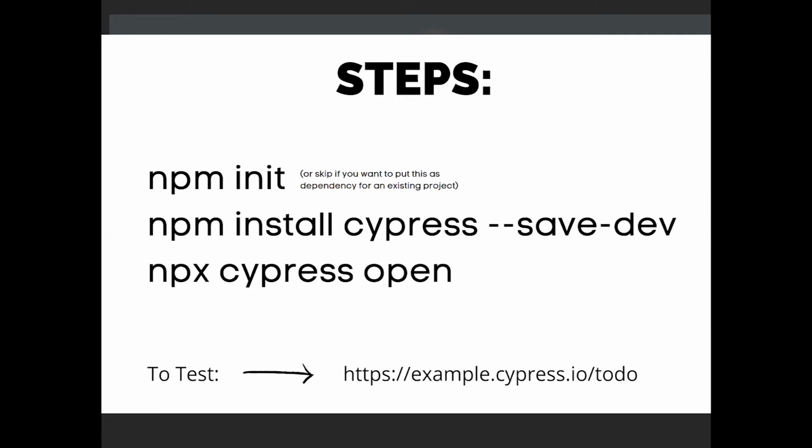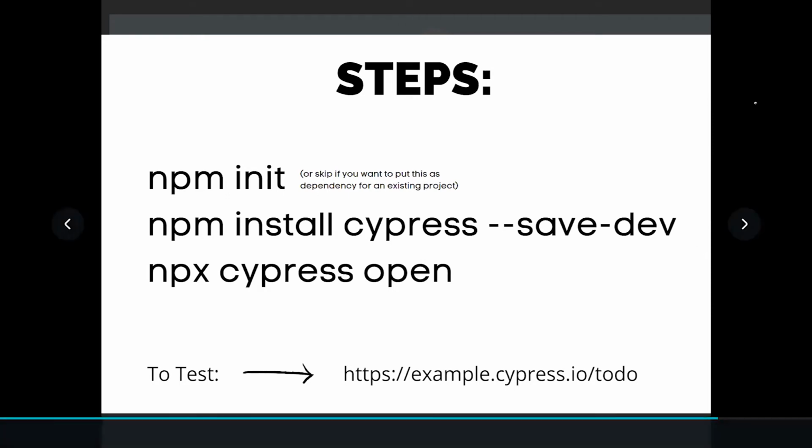There are two ways to do this. One is if you already have an existing application, you can add this to that project. Or two, you can make it a separate project, outside of your application, that just tests your application as a black box. That's what we're going to do right now, because we're testing an application that we didn't even make.